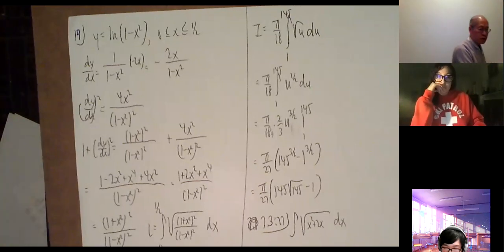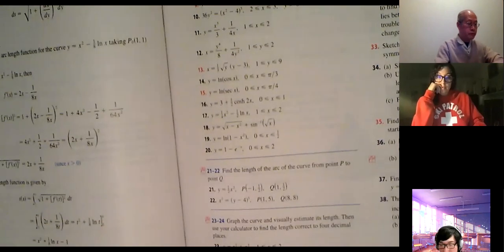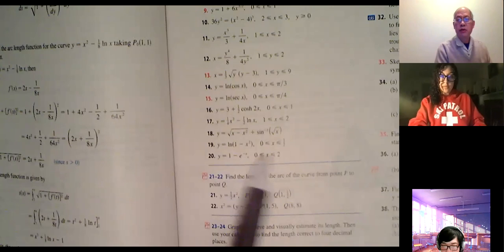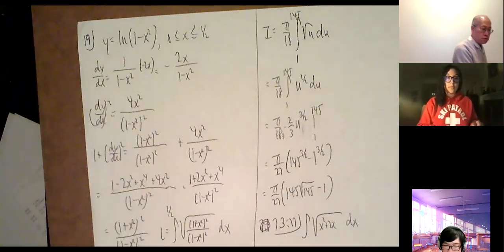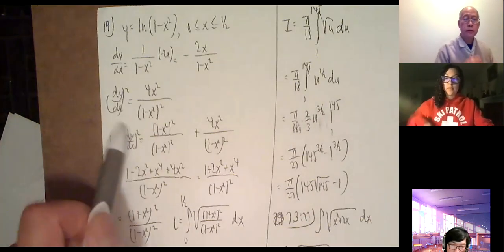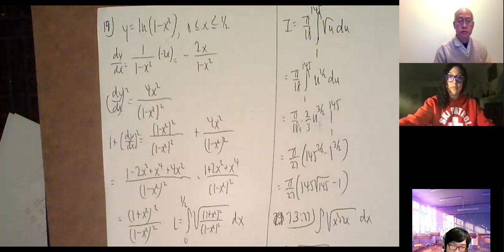Also, ln 1 minus x squared between 0 and a half. All right, so what goes on here?